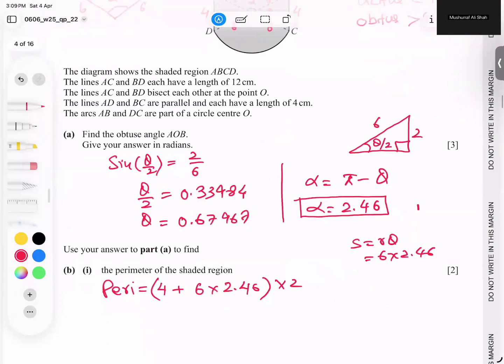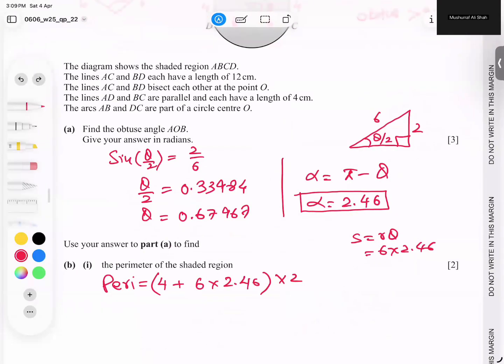So now I'm going to finalize it. 6 times 2.46, plus 4, and times 2. And the answer turns out to be 37.54. Basically, I'm rounding to 3 SF, I don't need the 4, so I will round it to 37.5. So the perimeter is done as well, in centimeters. This is my answer.